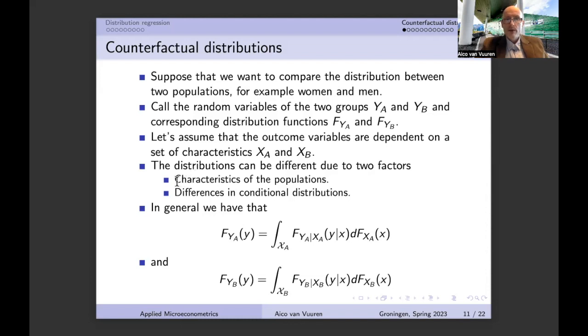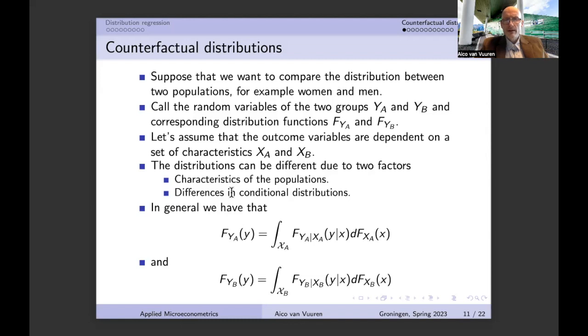If we can show that most of the differences between women and men are related to characteristics, then you might say that even though there are differences, maybe discrimination is not the most important reason. However, if we find that most of this is related to the differences in conditional distributions, then at least the differences in the conditional distributions could in fact be related to discrimination.